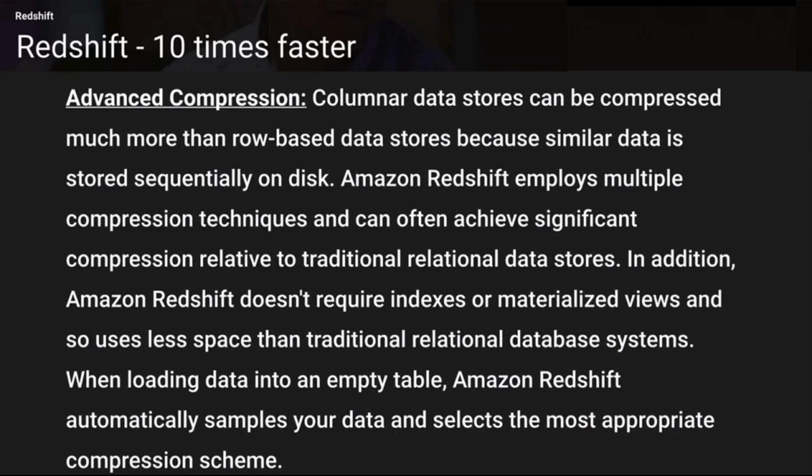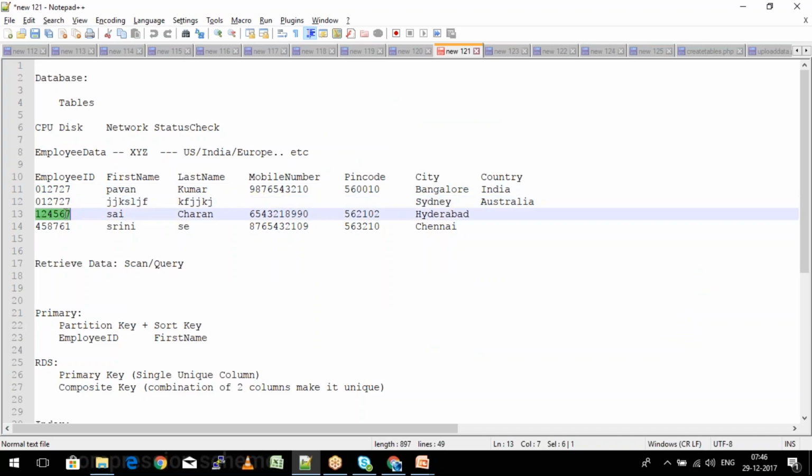Now there's another technique called advanced compression. When we store the data in the column-based format, I have the data all of the same data type. So here it is a number, again a number, again a number, right? So it becomes easier to compress this than to compress a complete row. If I'm trying to compress a row, it will be difficult because it has all different formats.